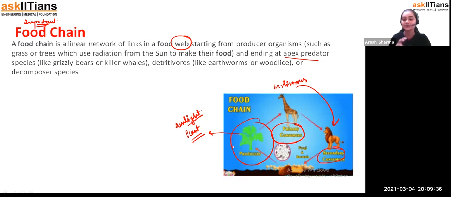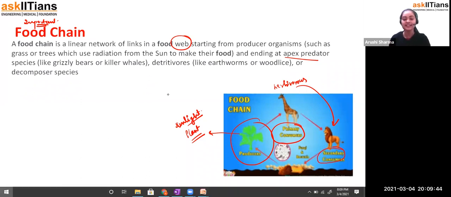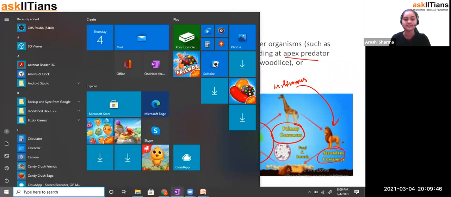Now when this food chain is connected with another food chain, they make a kind of network which we call the food web. Fine. So for that I'm going to show you one video here. Just look at it.